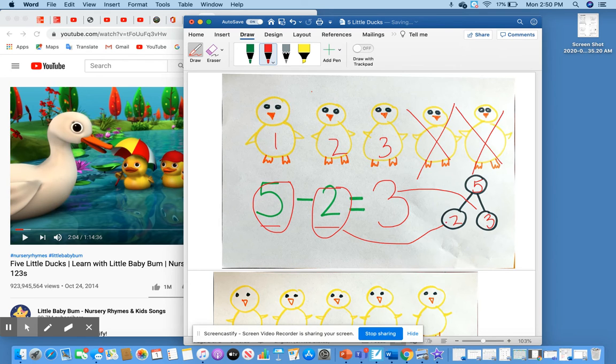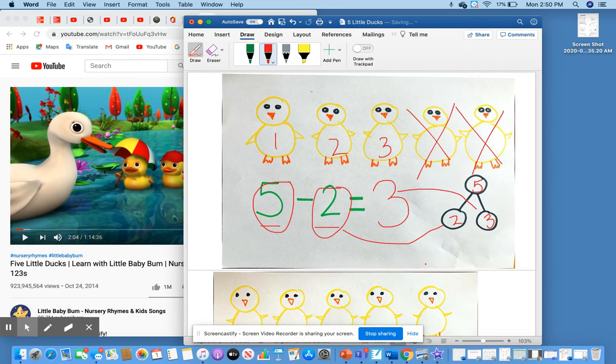If we put 3 with 2 or 2 with 3, both of those would make 5. So we can use a number bond to help us solve addition and subtraction problems. I just want you to know how we put our numbers in the number bond when we are learning about subtraction too. We used it for addition, and now we're going to see it for subtraction.